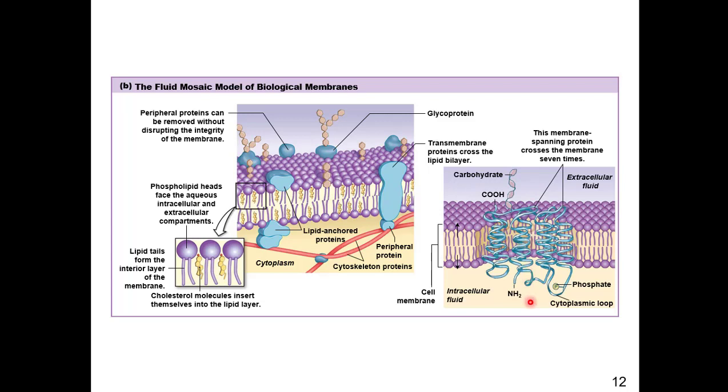So in fact, in the center of this protein, it will actually have a channel that can allow through certain types of solutes or maybe even the solvent itself, which is water. And so in this way, we can actually move molecules through the cell membrane that normally would not be able to get through the cell membrane. And this becomes very important later on, and so we'll talk about this later on in the semester.